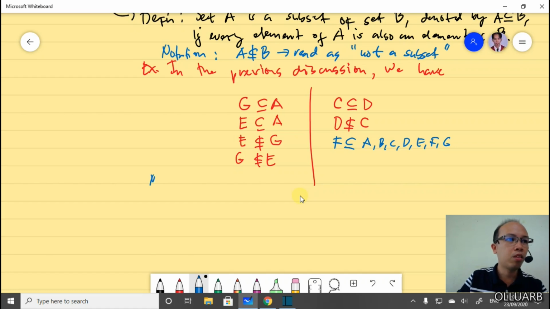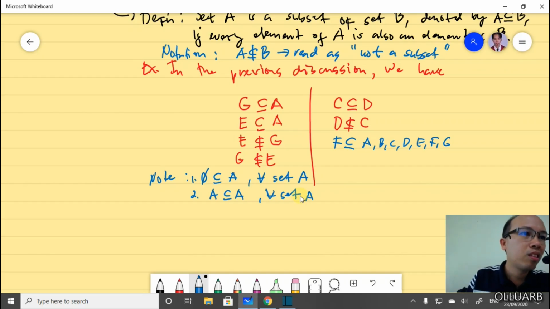So let's have a note. Number 1, the empty set is always a subset of any set A. Also, number 2, A is a subset of A for all sets A. Why?